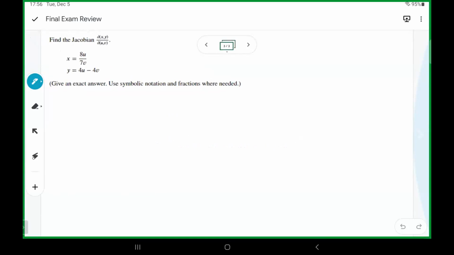All right, so this one is a little bit easier in my opinion because we're just going to use the definition of the Jacobian.